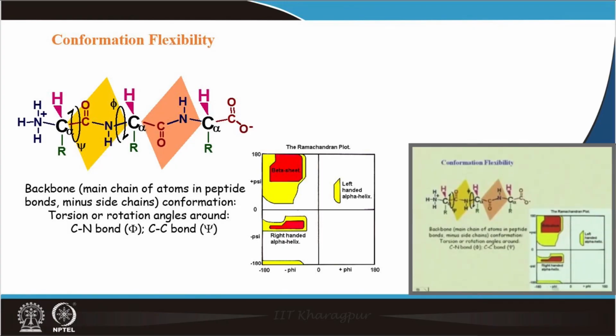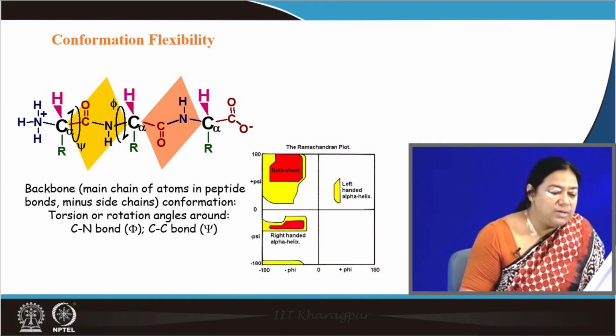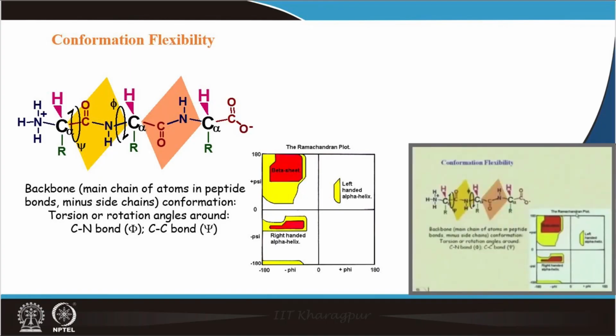Now, if you plot the phi psi angles, you get what is called a Ramachandran plot, which is an extremely important plot in protein structure, and we are proud that it was G. N. Ramachandran who actually pointed this out, and he has a landmark paper where he showed that the definite geometry of the phi psi angles that are defined here belonged to specific regions of what is known as the Ramachandran plot today, and this is a must for any protein structure that is solved.